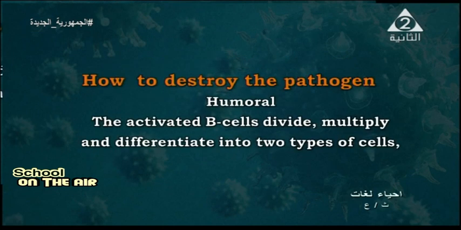How to destroy the pathogen? Humoral immunity destroys the pathogen through the activated B cell, which divides and multiplies and differentiates into two types of cells.